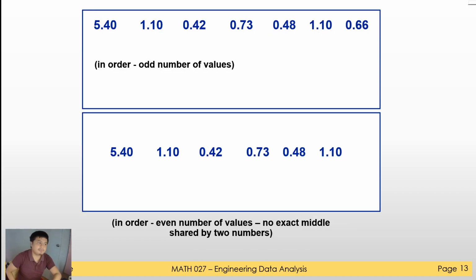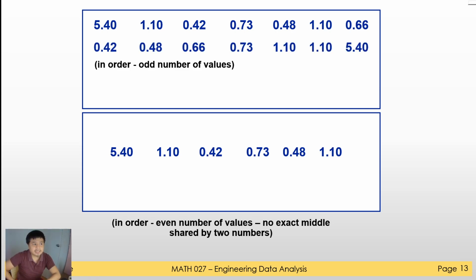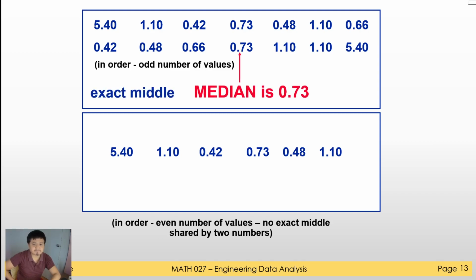So for example, we have the following data set, the uppermost one. If we want to find the median, we first rearrange this data set into its ascending order. Then inspecting this, we can see that the middle value is 0.73. Therefore, the median is 0.73.